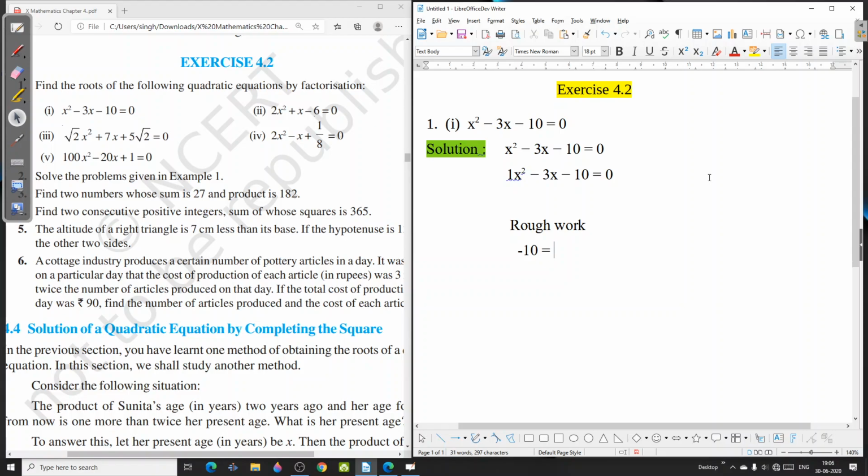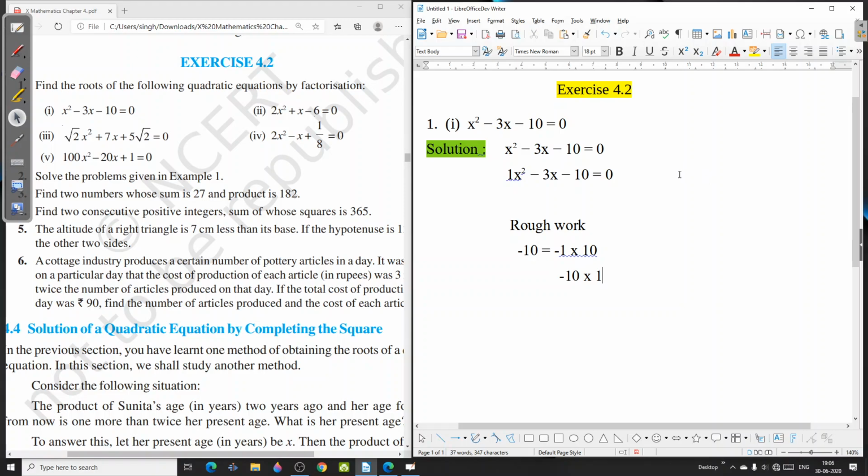Now we'll factorize minus 10 as a product of two numbers, only two numbers, such that we get minus 10. So what they can be, all possibilities you have to write down. First one we can write is minus 1 into 10, and then the next one can be minus 10 into 1.